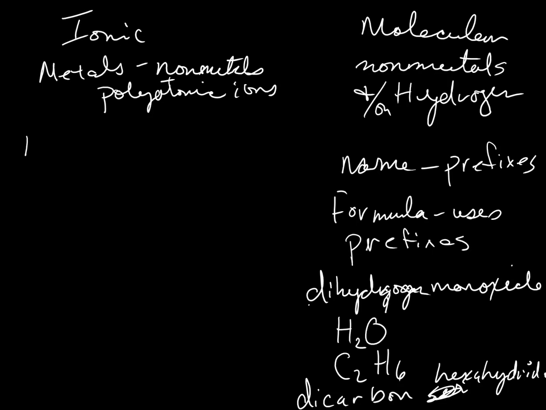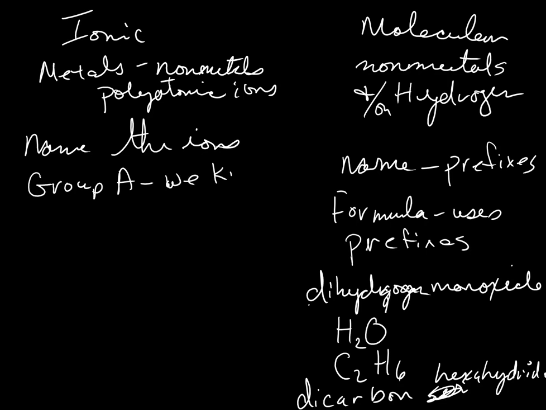The real rule is name the ions. That's all you do. You name the ions. Except you've got 3 kinds of ions. You've got the group A ions, and we know their charge. We know what charge they're going to make. And then we have the transition metals.